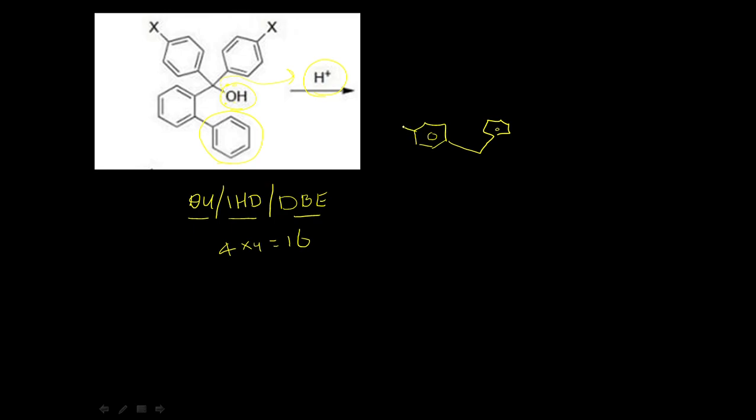Suppose in this case at the para position some groups are given. The groups are variable of course. So here we'll get the carbocation. Before the carbocation, it is a benzene ring.